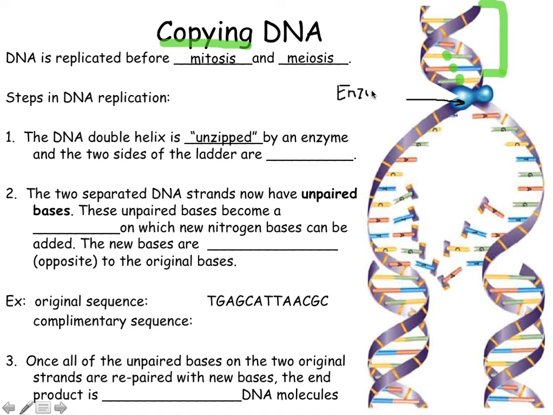All right, so we've got our enzyme, and in this case, the enzyme is going to be breaking the bonds between the nitrogen bases. So this enzyme here will actually move up the DNA strand, and as it does, it will break apart the bonds between those nitrogen bases. As it does this, the two sides of the ladder are going to be separated from each other.